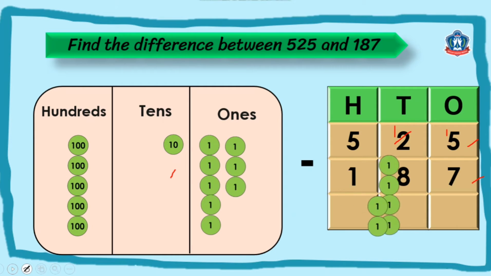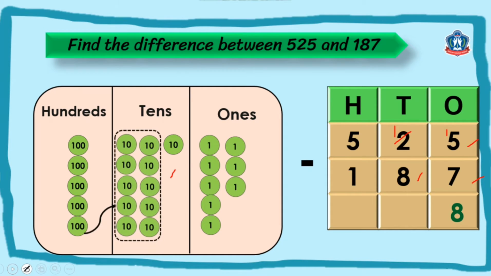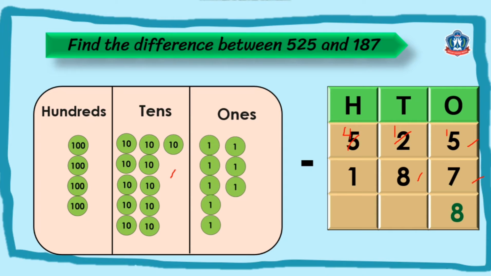So that is 8. So we have 8 ones. Next, we have only 1 ten here. We cannot take 8 tens from 1 ten. So we will rename this 100 here, and we will change it into 10 tens. So our hundreds becomes 400 because we take the 100, and our tens becomes 11 tens.